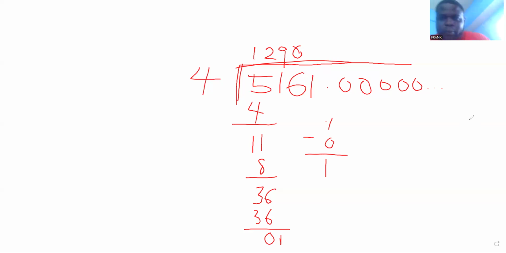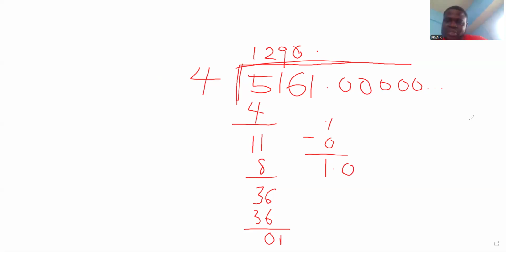Once we have the decimal point here, we know that every answer we get after this is a solution to numbers beyond our decimal point, and therefore we have to indicate it at the quotient side of our answer. So now this is like 1.0.